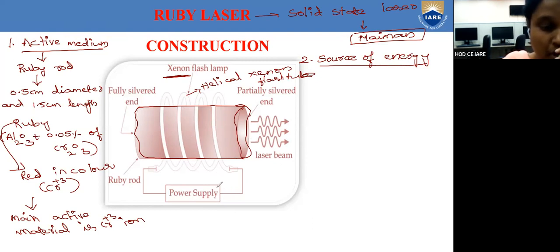When I switch on this power source, what happens? This flash tube is going to give us flashes of light. So what is the source of energy? We have the helical xenon flash tube.